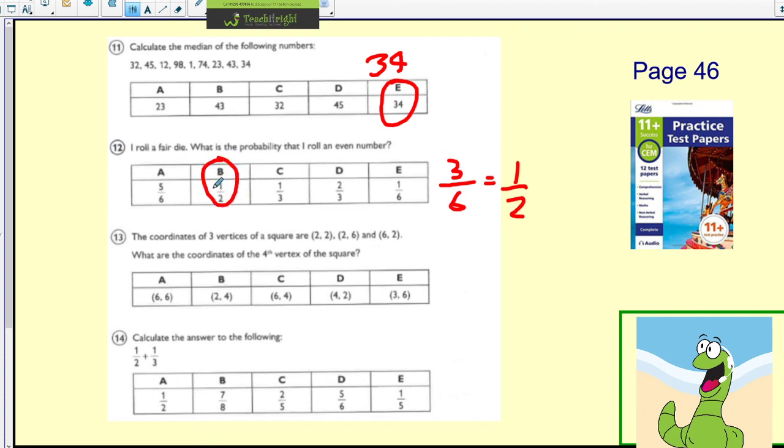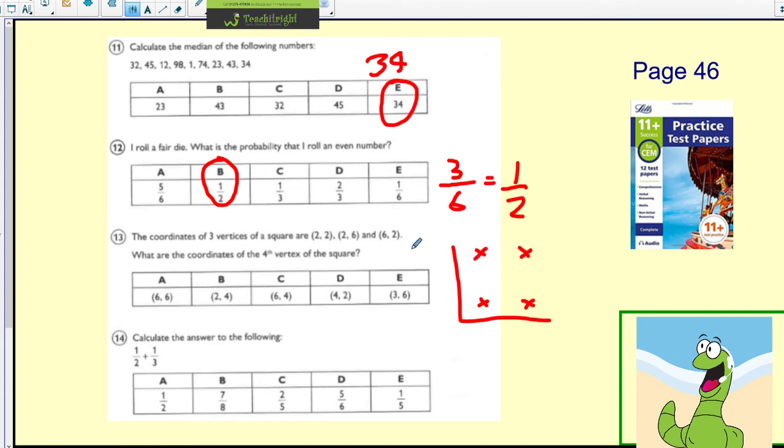13. The coordinates of the vertices are as follows. What's the coordinate of the fourth vertex? I'm going to do myself a little sketch. So we've got, again, this is just a sketch, but it does help me picture mine. So 2, 2. We've then got 2, 6. And we've got the following.